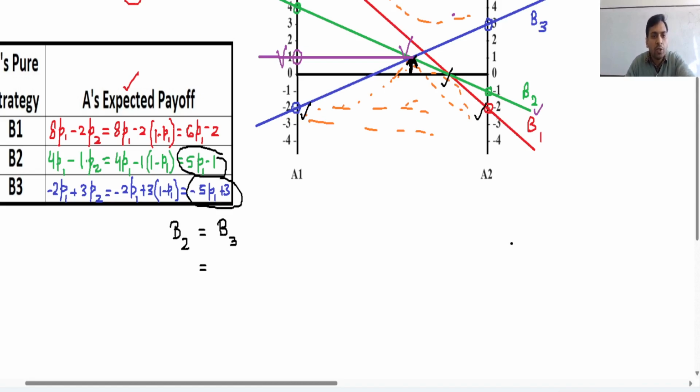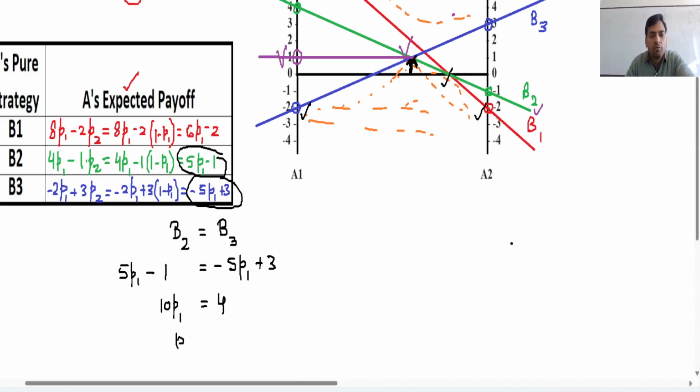So now B2 is equal to 5 P1 minus 1 and this quantity is minus 5 P1 plus 3. Now we will solve this and find the value of P1. So this is 10 P1, we take this 5 P1 to this side, so it becomes 10 P1, and this minus 1 to this side, it becomes 4.